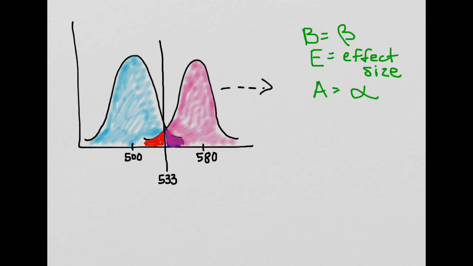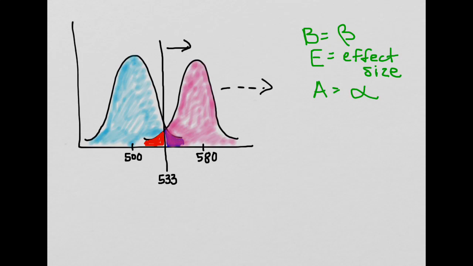So we can make alpha smaller, in which case we would say 0.01. So if we said alpha is 0.01, we're going to move this line over to the right. I wish I could move them literally for you, but here's the line. We'll move it to the right. That would increase beta, and that would decrease power, right? Because this line is moved over.